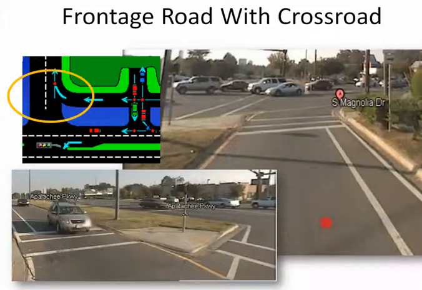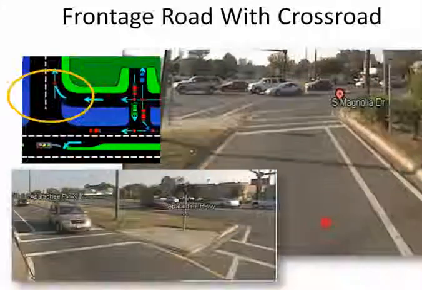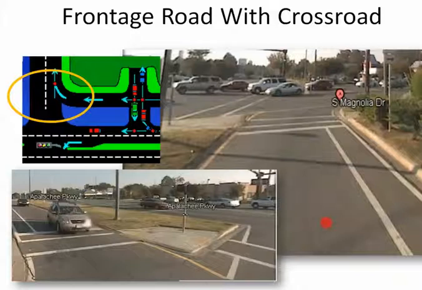Again, this is another snapshot of the same frontage road, where it comes to an end at Magnolia, and these cars, like I said, can only make a right turn. And on the right is another snapshot of the location.